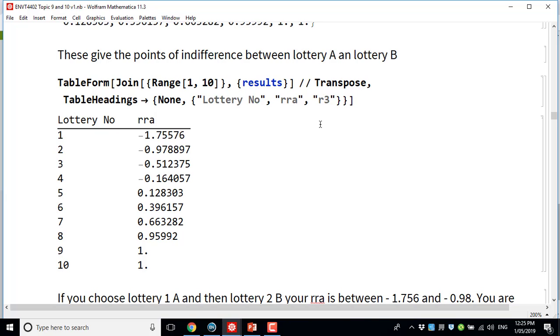So we are trying to estimate which value of risk attitude would make the expected utility from these two options the same. That's what we are trying to find out.